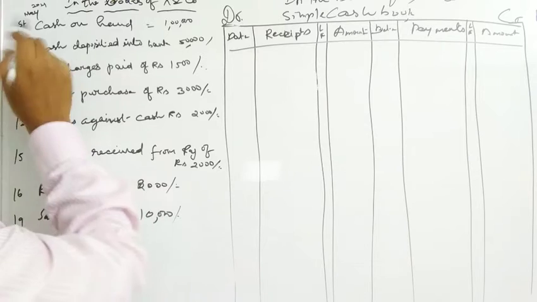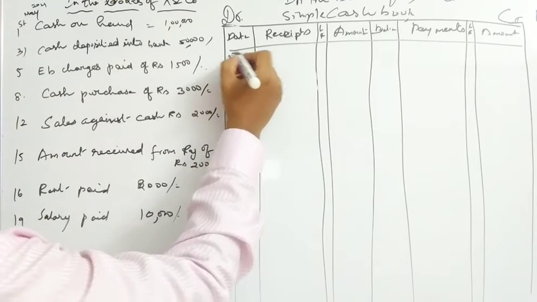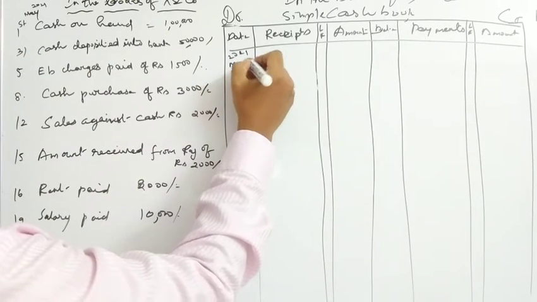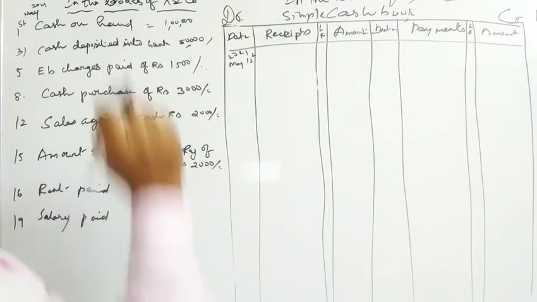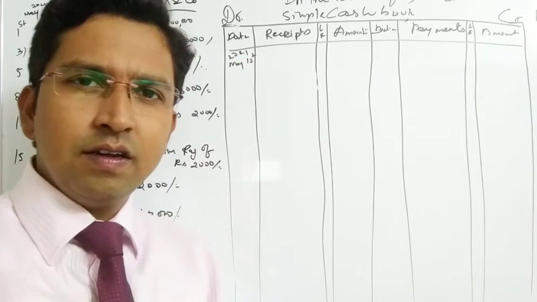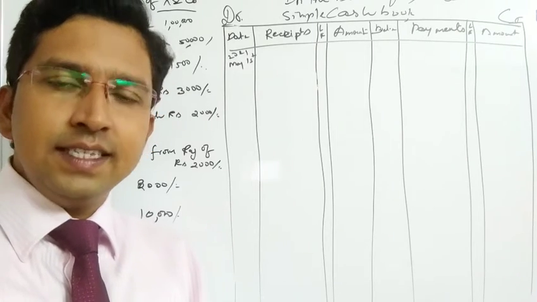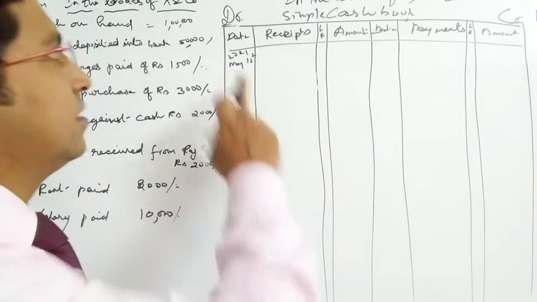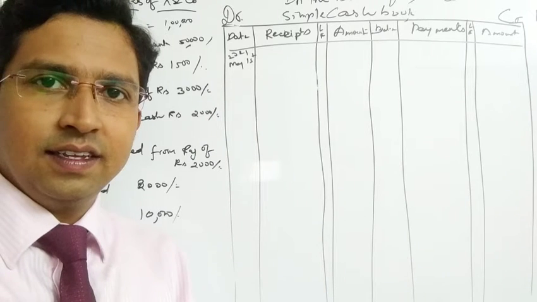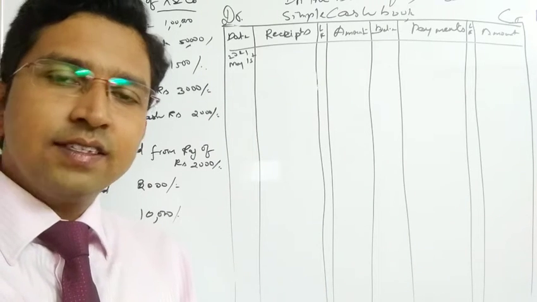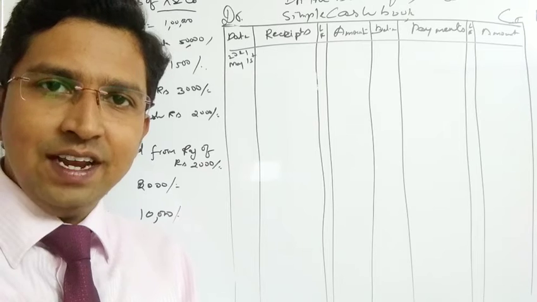The first transaction is 2021 May 1st, cash on hand. Whenever we come across a transaction like this, we should assume it is physical cash in our hand as of 1st of May. As I told you earlier, the cash account belongs to the real account category.